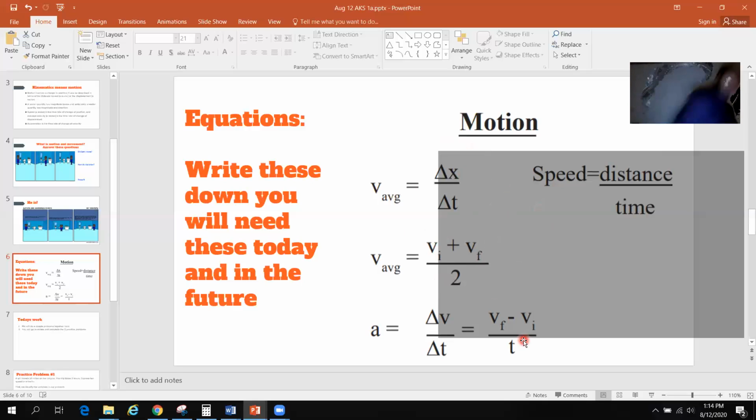Now, for acceleration, acceleration's a little different. This one here, the deltas do start to mean a little bit more in terms of something you really have to deal with. But again, it's really only for one of the two. So if you look at the formula for acceleration, it says acceleration is equal to delta V over delta T. Well, delta is still change in, and V is still velocity.